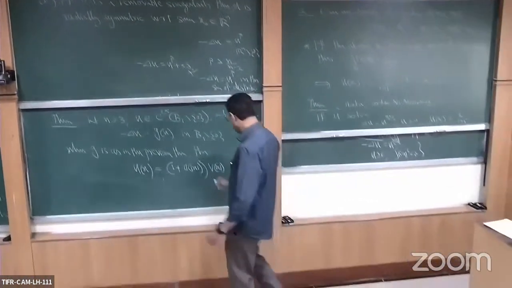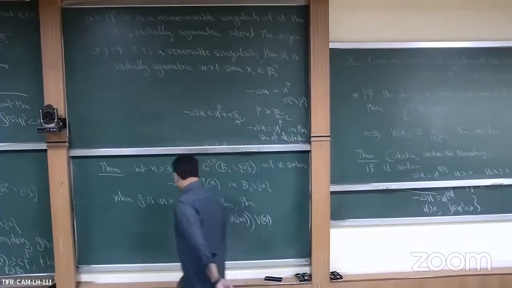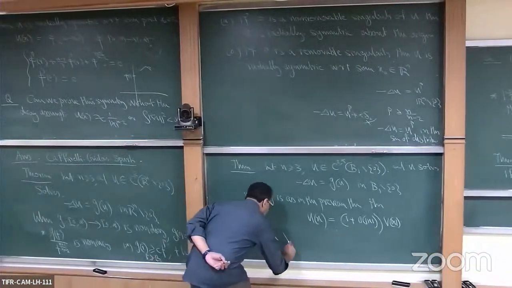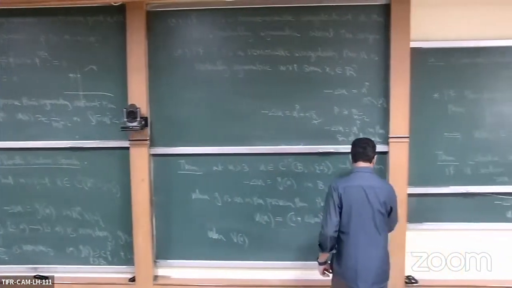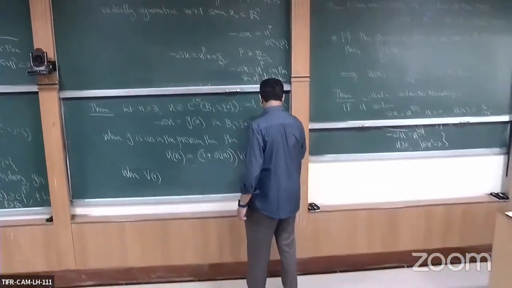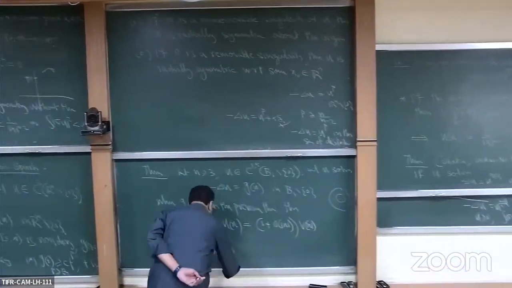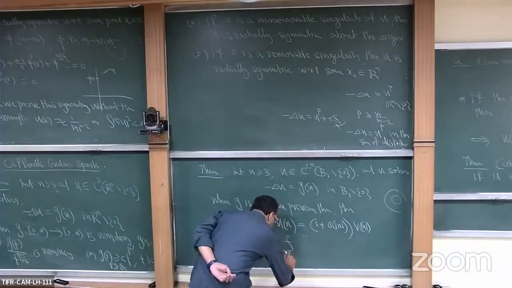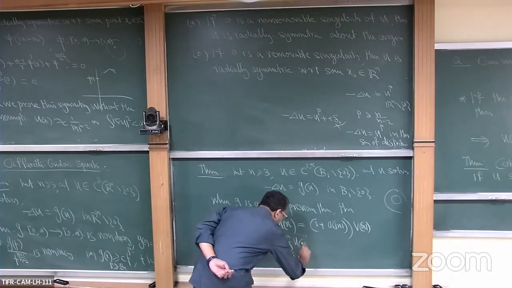So it's going to be a perturbation of a radial function, where v of r is the radial solution. At each r you have this sphere, and you just average the solution around. So v of r is going to be equal to the average over the boundary of B_0(r) of u of x.